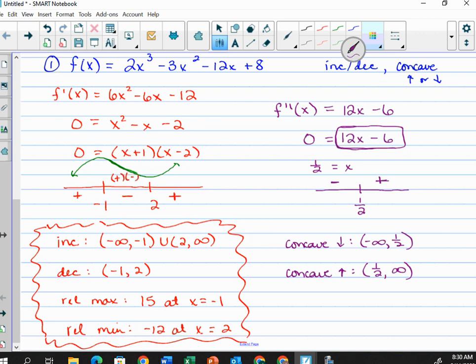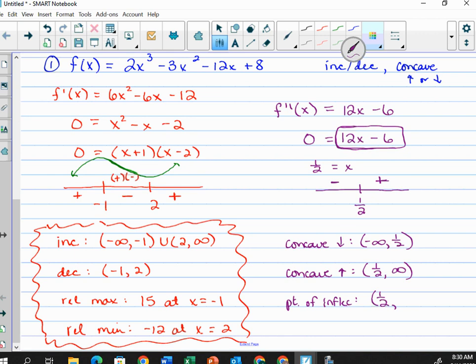And then what do you think is happening at 1/2? Point of inflection. Yes, so let's find our point of inflection. So we know the x value is 1/2. Again, what do you think we're going to plug that into? Which of these equations? Because we now have a lot of equations. The original. Yeah, again, these are all characteristics of that original graph.